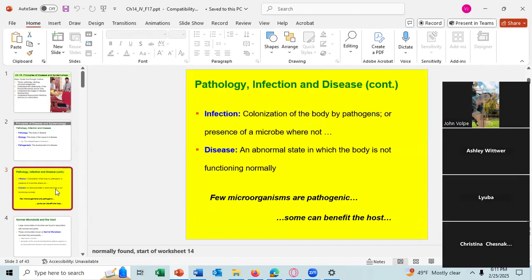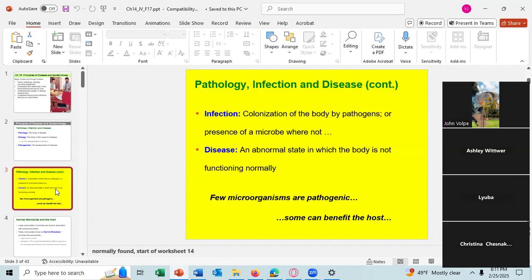Infection is the colonization of the body by a pathogen or the presence of a microbe where it is not normally found. For example, if E. coli is transmitted to your lungs, it is not normally found in your lungs, and this would be an infection by E. coli growing in your lungs.